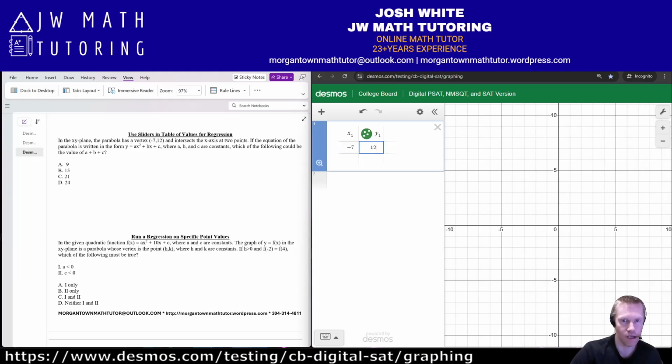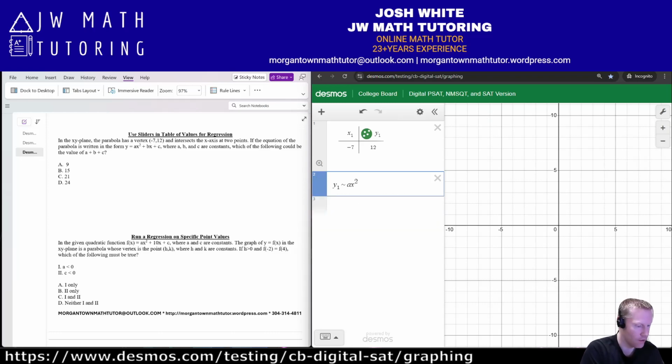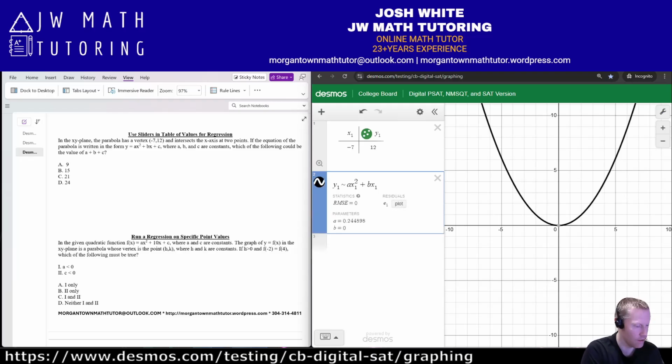But the problem is you're only given one exact point. So if you try to do this just using that one point, it doesn't really get you anywhere, right? Notice this does not meet the criteria of the problem, that it intersects the x-axis at 2 points.